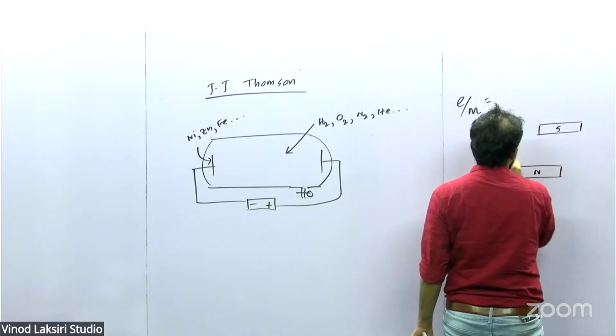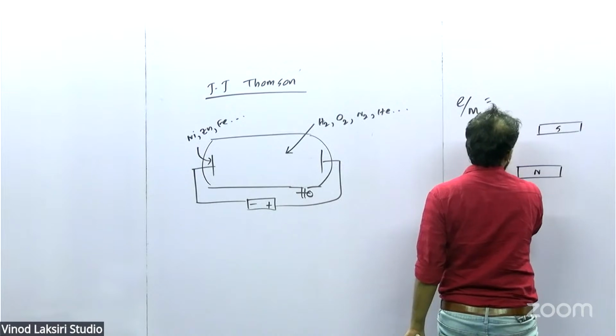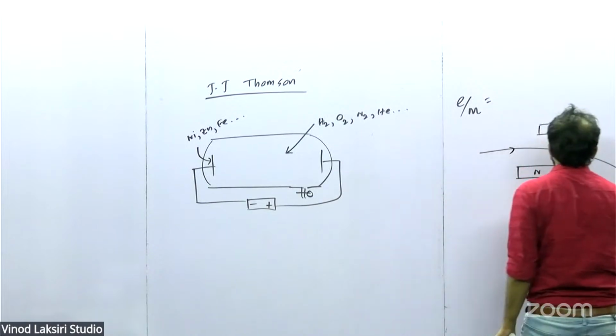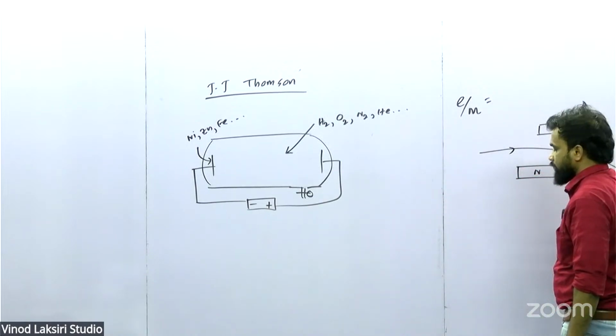When a charged particle travels through this magnetic field, it deflects like this.